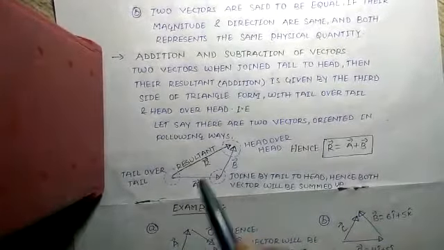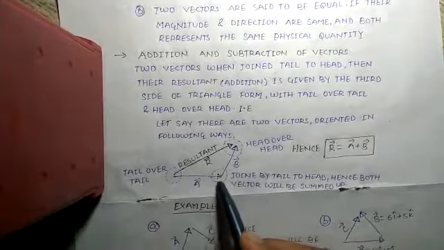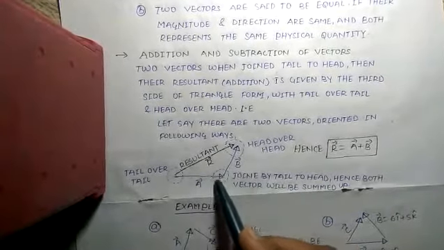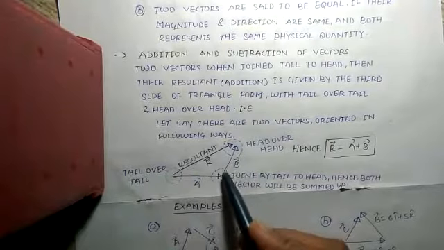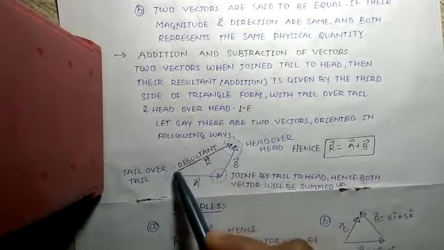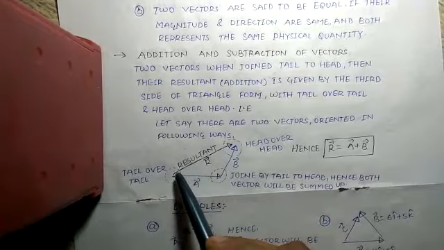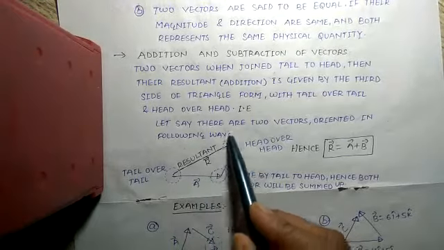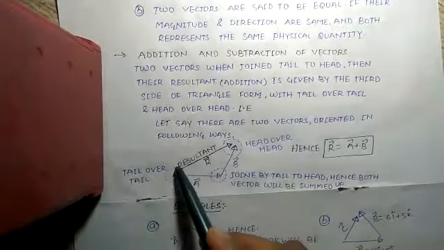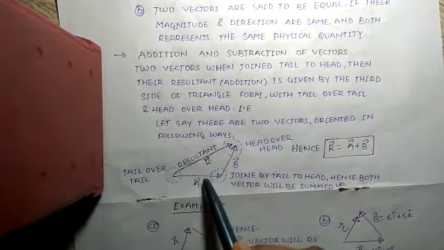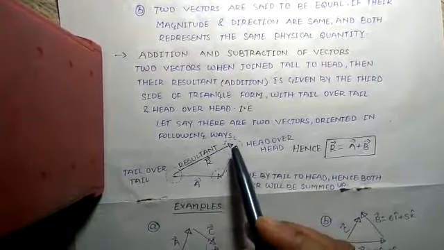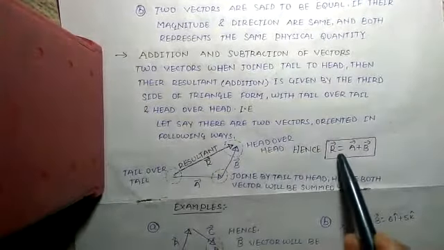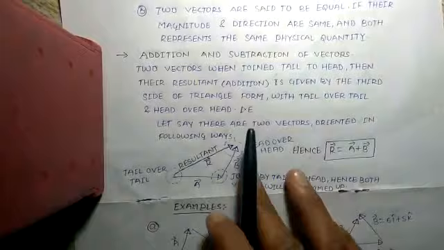Hence a and b vectors are going to be summed up, and by summing them we get the resultant vector r, the resultant of both. Simply we can see that the tail of the resultant vector coincides with the tail of one of the constituent vectors, and the head of the resultant vector coincides with the head of one of the constituent vectors. Hence r vector equals a vector plus b vector.